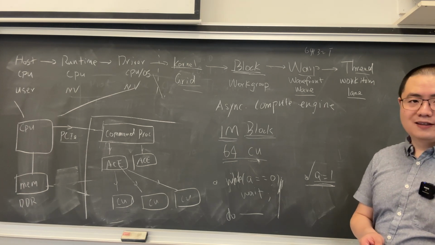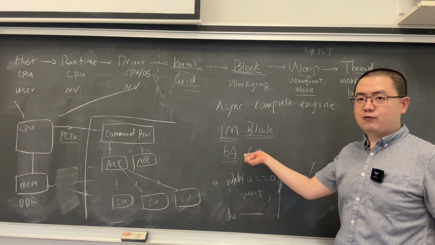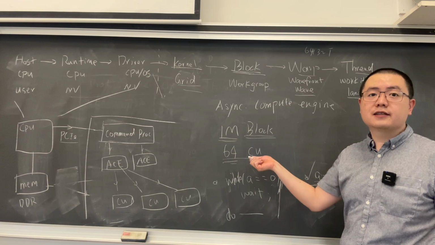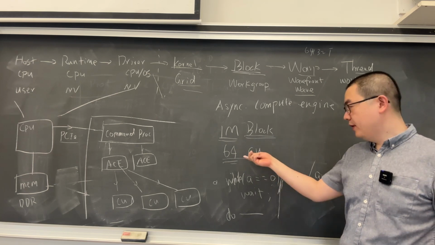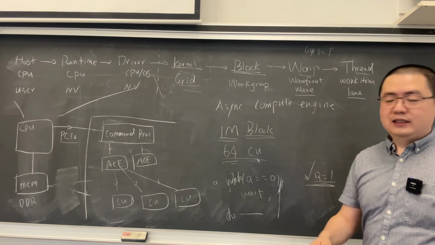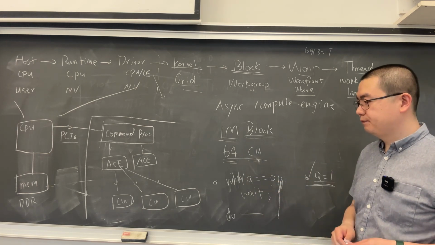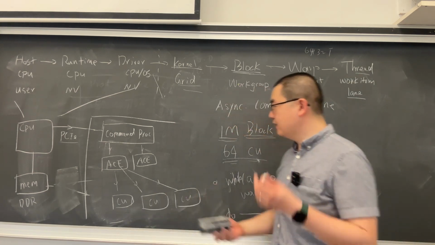Yeah, we'll get there, I'm just making it simpler. In fact, one compute unit can run multiple blocks at the same time. It can run multiple, but not unlimited, probably 10, probably 40, different numbers. I'm just making it simple. We'll go there, that's naturally the next question.